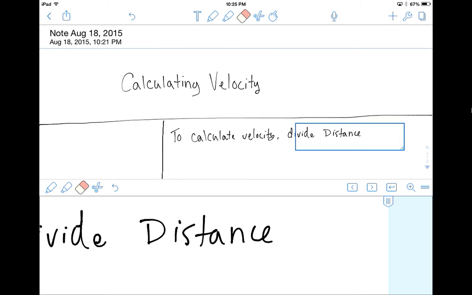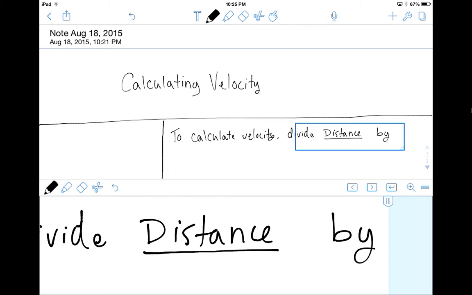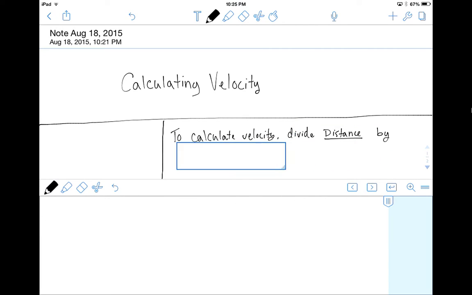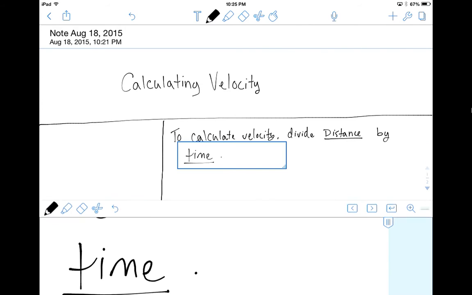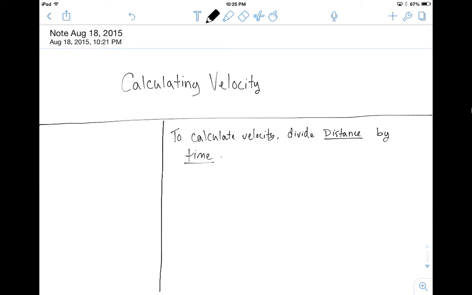I'll make mistakes sometimes, guys. It's okay, bear with me. Everybody, at this point, it's a great place to pause the video and make sure you get all this written down. To calculate velocity, divide distance by time. I'm also going to write down the equation for that. Velocity equals distance divided by time.